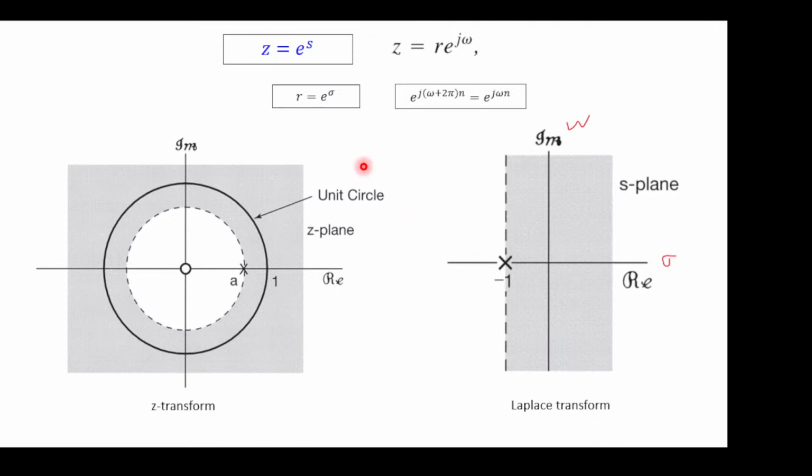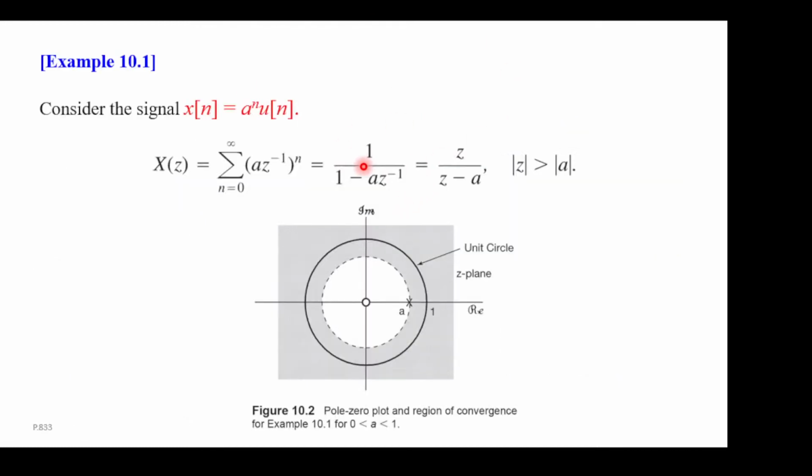And here are some comparisons. Just like the Laplace transform, for the z transform we have those two special functions. The right-sided exponential x[n] equals a to the n times u[n]. We do the z transform and find it is 1 over 1 minus a z to the minus 1, with the ROC being |z| bigger than |a|, so outside of this pole.